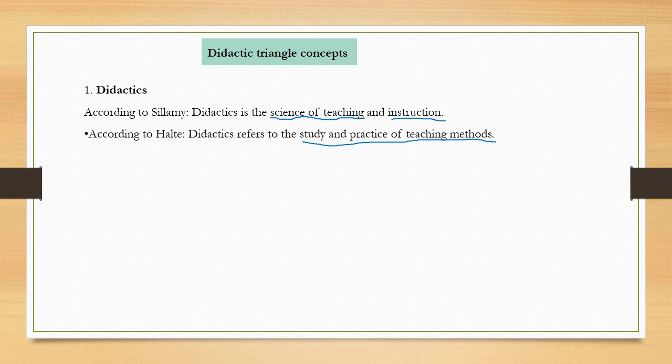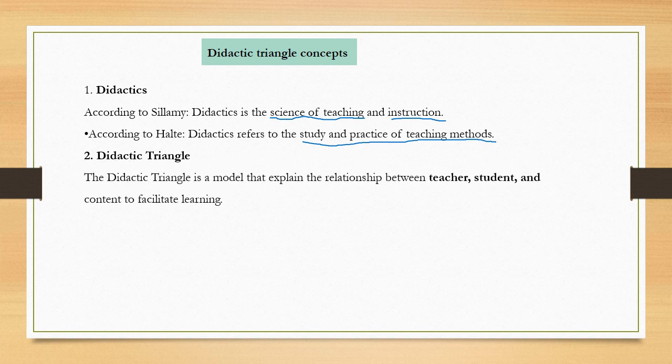So let's continue with the concept of the didactic triangle. You can understand a triangle as a geometric figure. But here in didactics, the didactic triangle means a model which explains the relationship between the three main components, which are the teacher, the student, and the content.